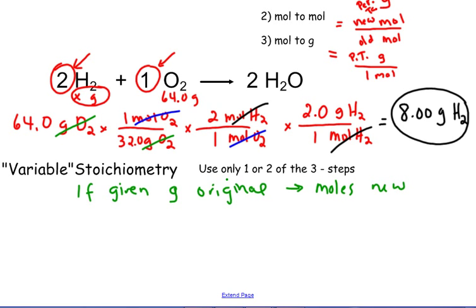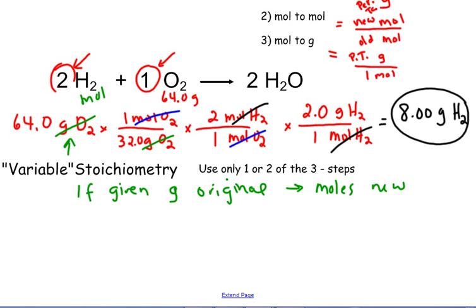Okay, think about that in this 3-step problem. If I give you grams of the original, like let's say I give you grams of oxygen right here, and I asked you not to find grams of oxygen, but I asked you to find moles of hydrogen.